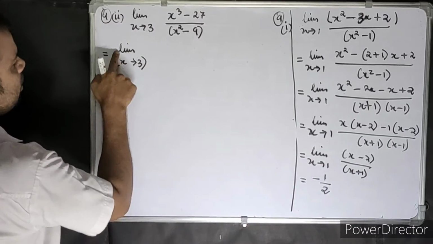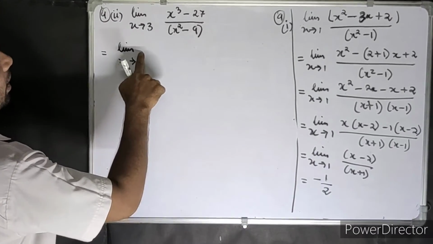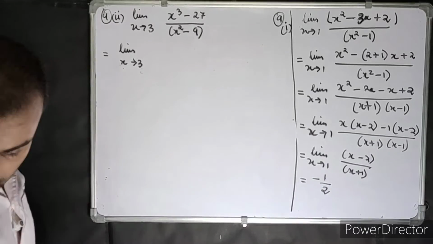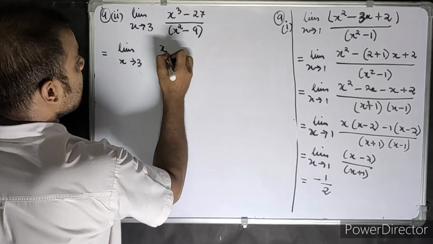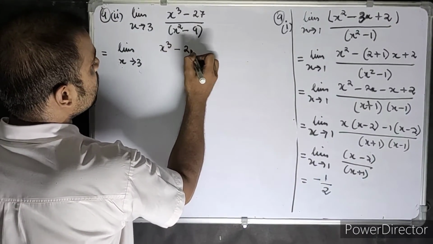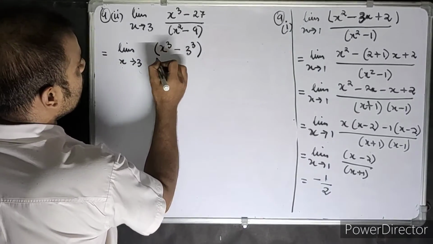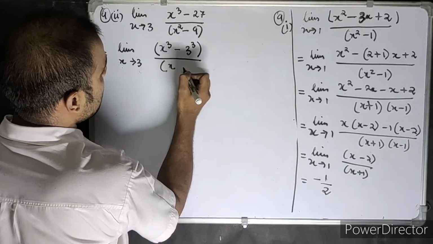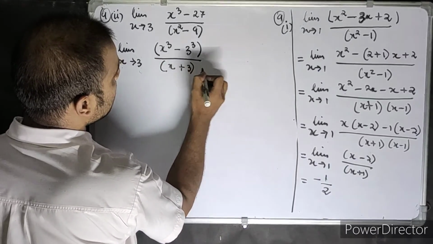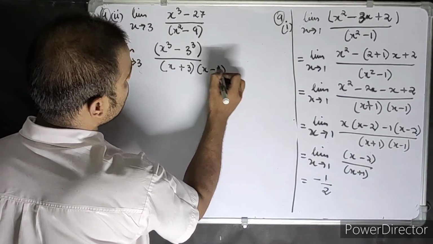What did I write? This is x cube minus 3 cube divided by x plus 3 and x minus 3.